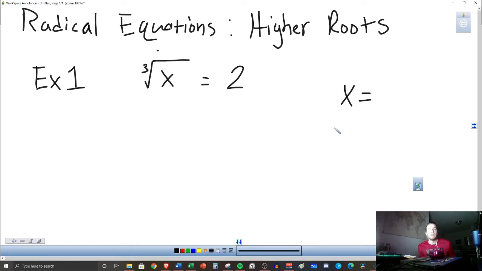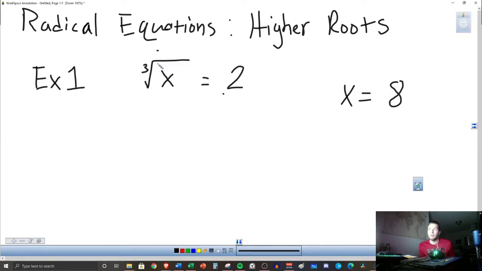Okay, so now you've had a chance to solve it. What you should have gotten here is 8. So we are still thinking in that mindset of inverse operations. We're using those steps that we wrote down last time. We want to isolate the radical, and then we want to raise it to the appropriate power. The appropriate power for the last section was squaring it.